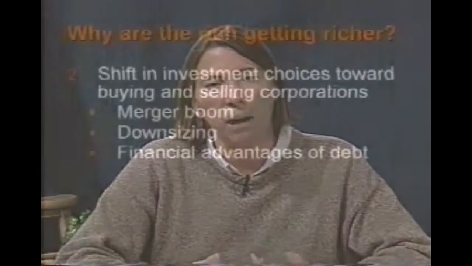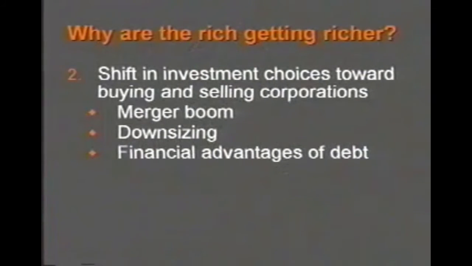The second reason why the rich are getting richer is a shift in investment choices between buying and selling corporations. There's been a major move in the kinds of investments that we're making. In recent years, there's been a huge merger boom, corporations buying each other out, such that mergers occupy more economic activity than actual production of goods do.